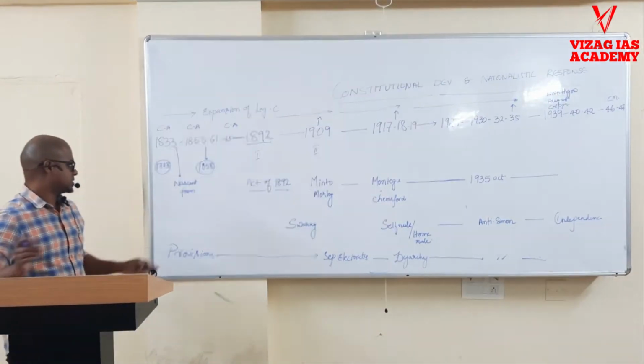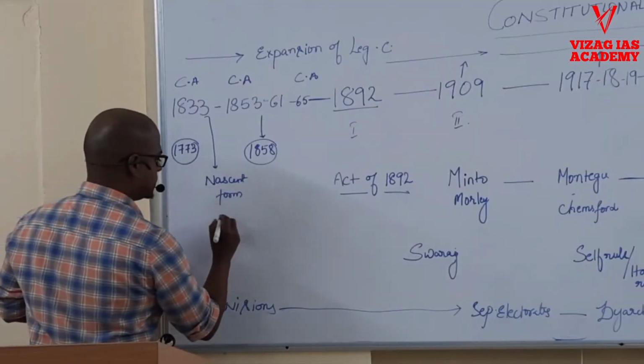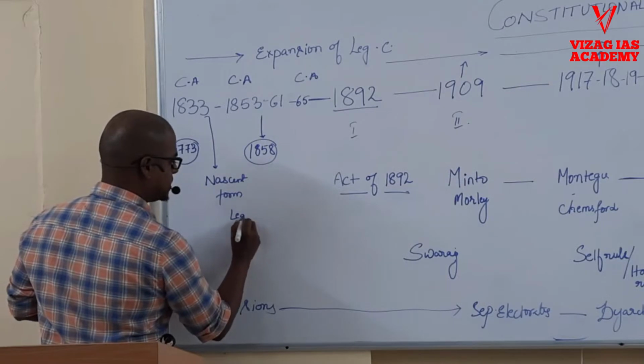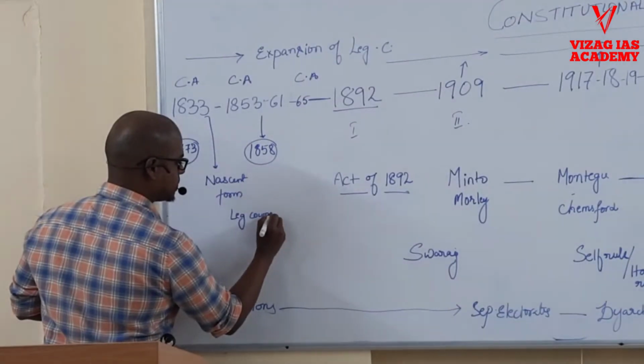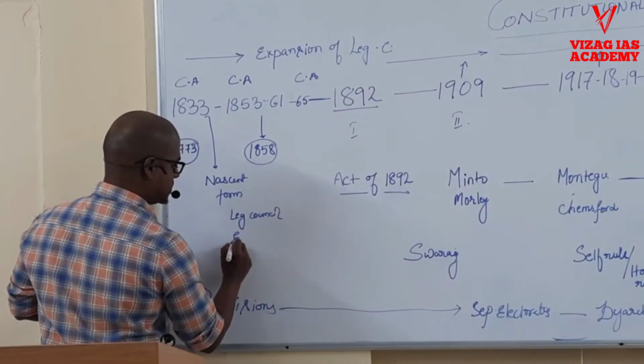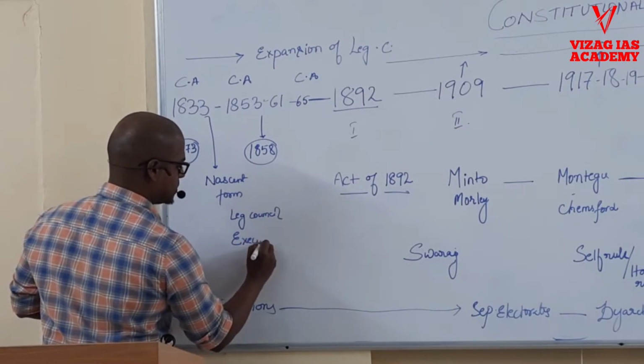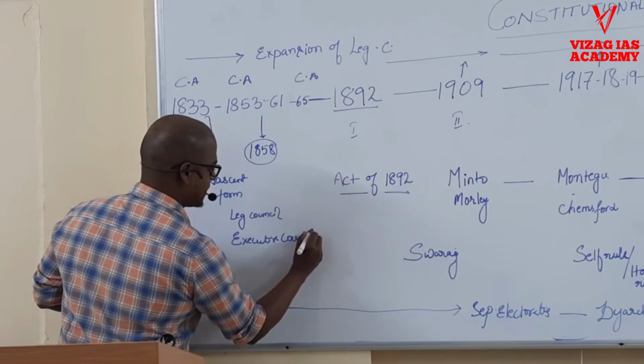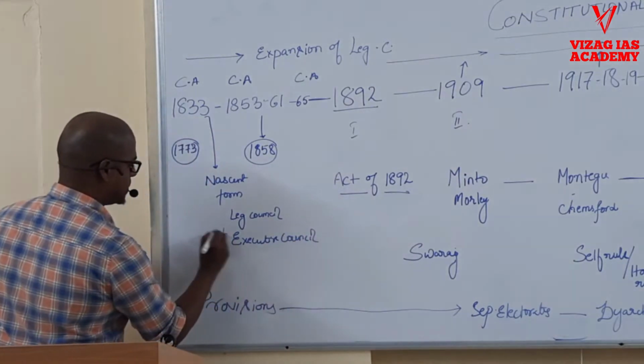This we have discussed right here. For the first time we get the concept of a legislative council and the other one is the executive council. This is where a law member is added.